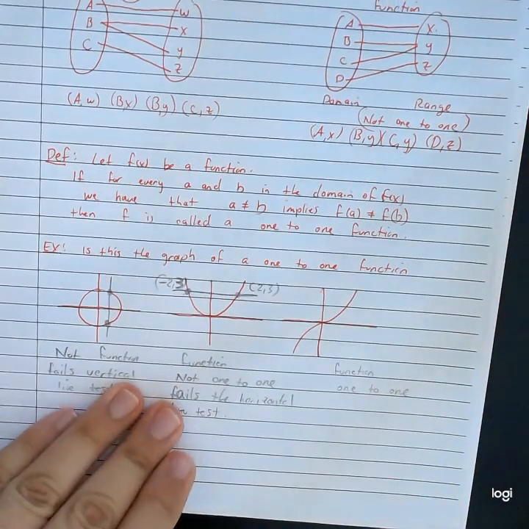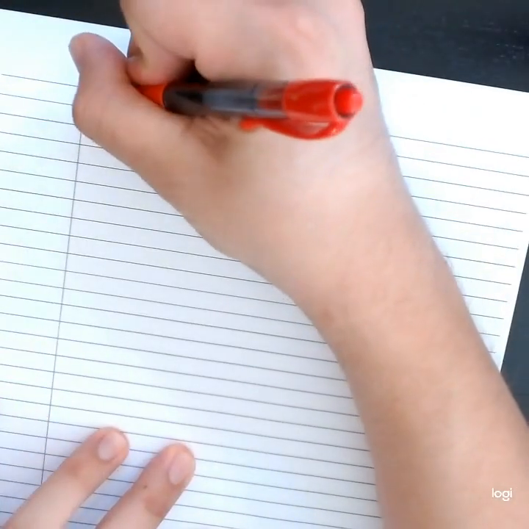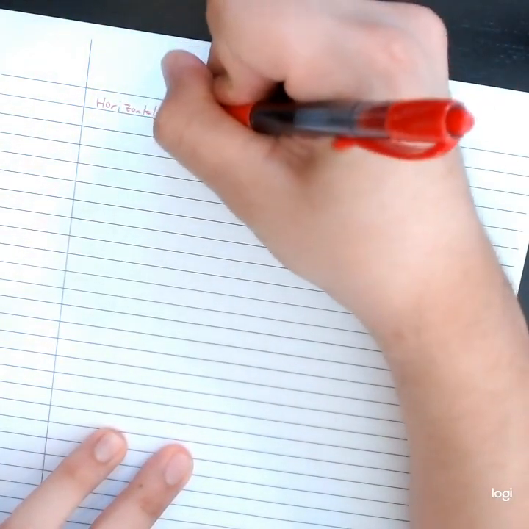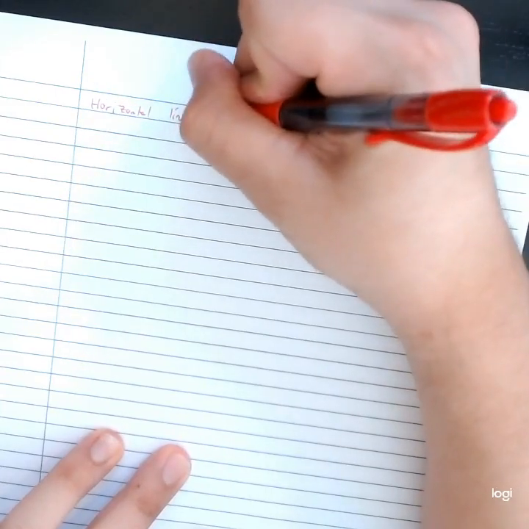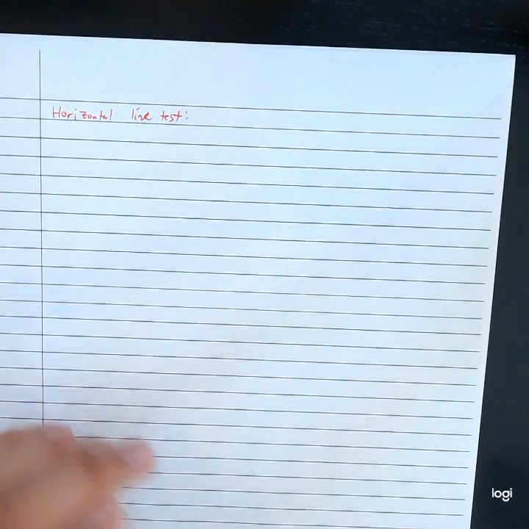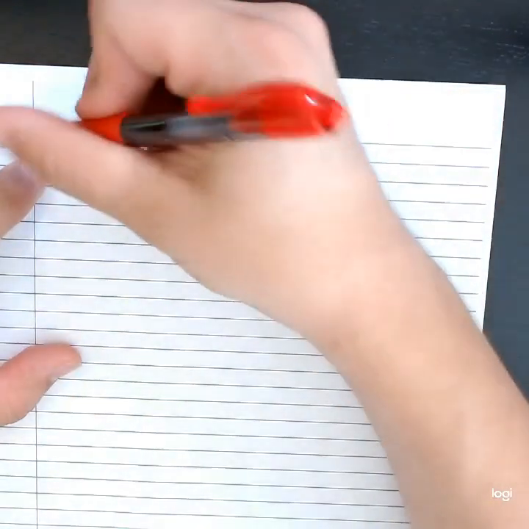All right. So let's actually write that down for us. What is the horizontal line test? The horizontal line test, much like the vertical line test, uses a single type of line to test whether or not a function is, in this case, one-to-one.